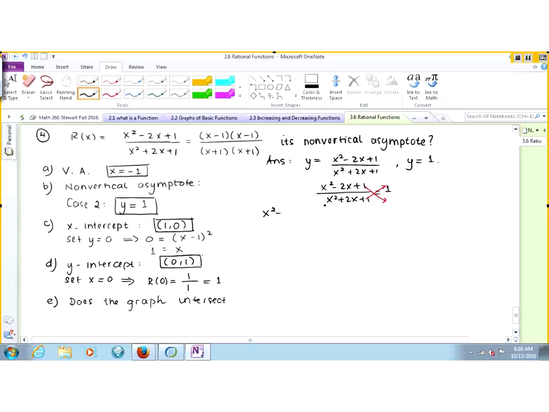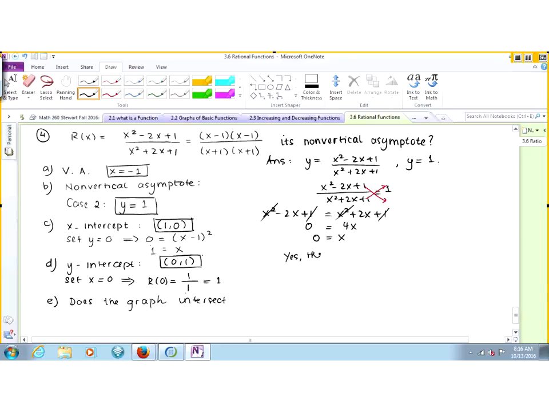So we have x squared minus 2x plus 1 is equal to x squared plus 2x plus 1. So the x squared cancels. What else cancels? The 1 cancels. So 0 is equal to, or x. So x is equal to 0.